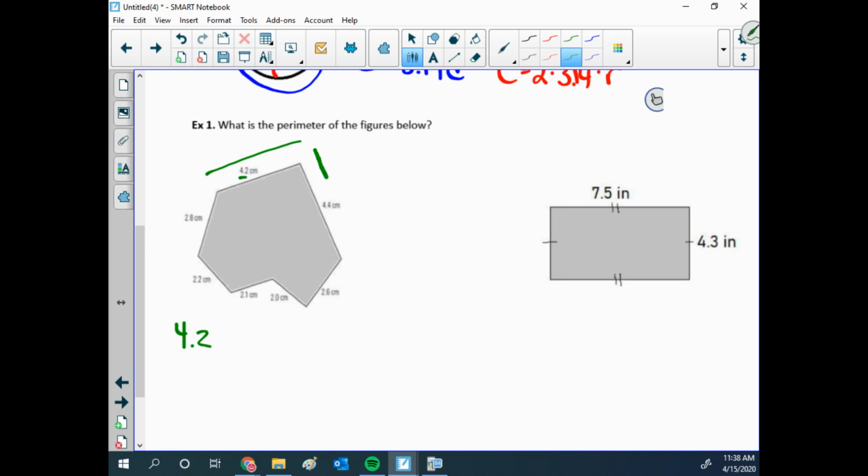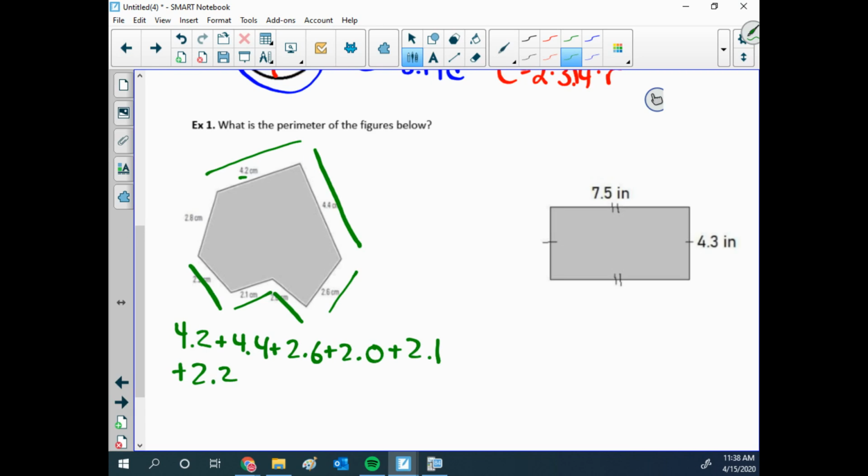So 4.2 plus 4.4 plus 2.6 plus 2.0 plus 2.1 plus 2.2 plus 2.8. That's going to be the perimeter of this polygon. It's just a weird shape with some straight sides. So if I add up all of those numbers on my calculator, the perimeter of that shape is 20.3 centimeters.